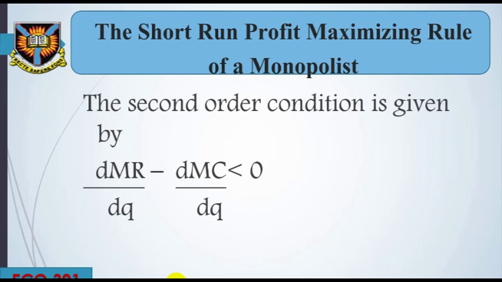TC is equal to 50 plus 40 times 15 is equal to 650. Profit is equal to 1050 minus 650 is equal to 400 naira.